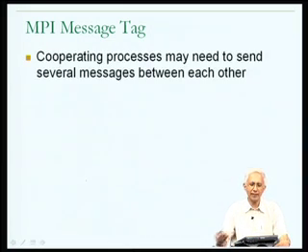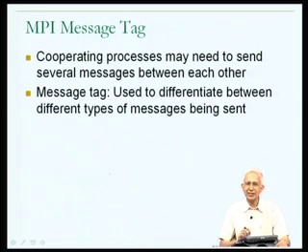The reason a message tag is necessary is that if you're writing a non-trivial program, the processes which are cooperating with each other may need to send more than one message to each other. So it may be necessary for the process with a rank of 1 to send one message to process P2 early in the program and send another message to process P2 a little later in the program.